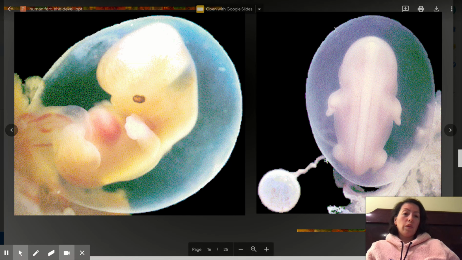Okay, that's filled with a fluid. So when you hear about a woman's water breaking, this is the fluid that actually is escaping from the sac. Okay, so just to continue, this is called the amniotic fluid in here, and this sac is known as the amniotic sac.